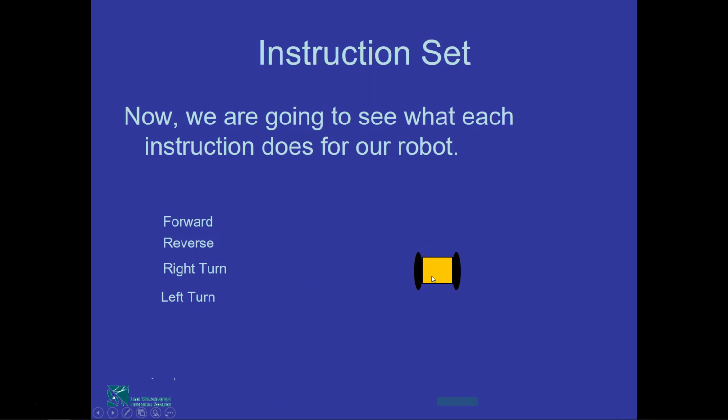So if your robot is supposed to follow this instruction set, it's going to go forward and then reverse and then right turn and then left turn. The right turn is according to the robot's position. So all in all, will it come into this position or not? What do you think? Think about it. Let's go to the next slide.